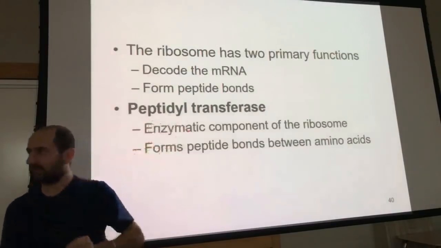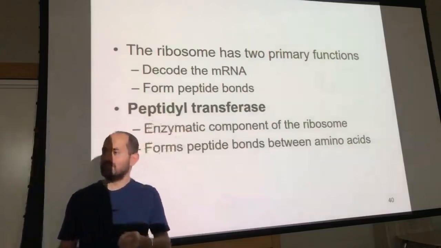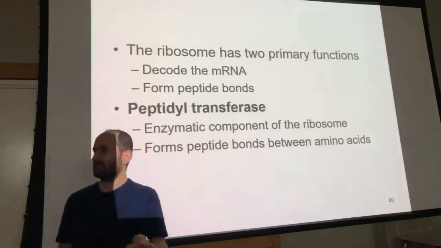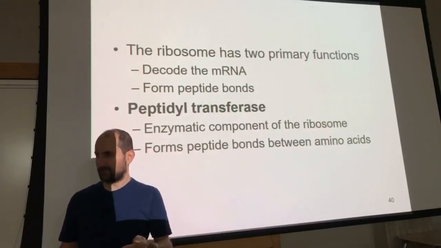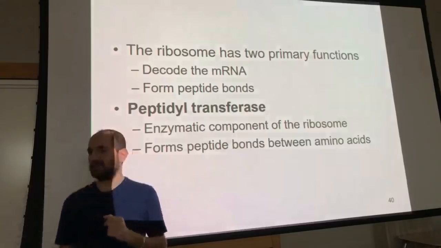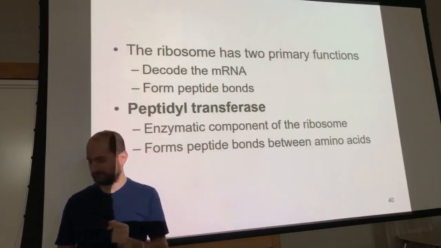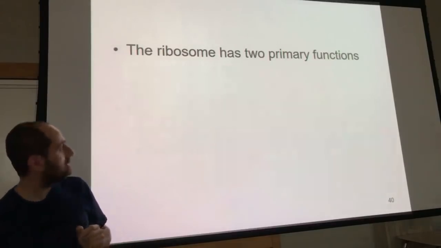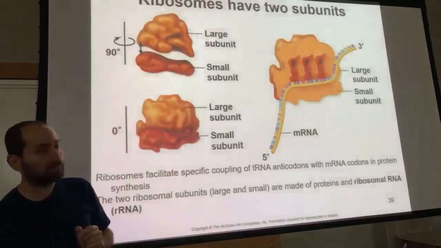So what you need to know for the exam is that the P site is responsible for peptidotransferase activity, meaning it makes a peptide bond. Remember, it links the amino acids to one another. What does the E site do?